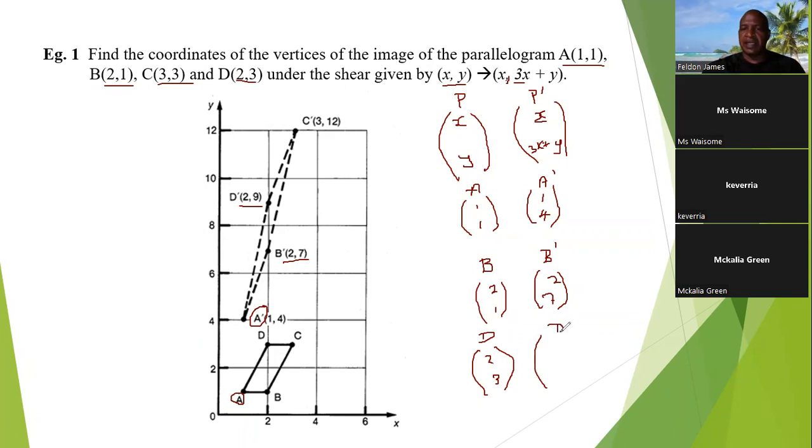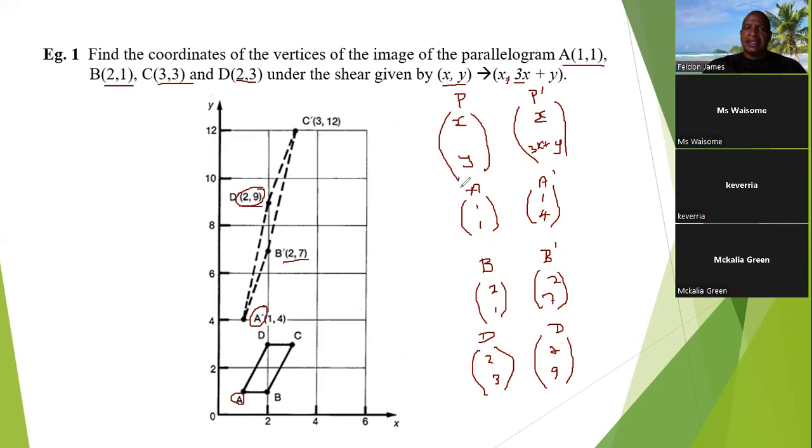Can somebody tell me what D dash is? It's going to be 2 and what? 2 and 9. So you multiply this 2 by 3, that's 6, then you add 3, you will get 9. Everybody see that? Hope you did not just look at this up here and give me the answer though. I want you to see the calculation.